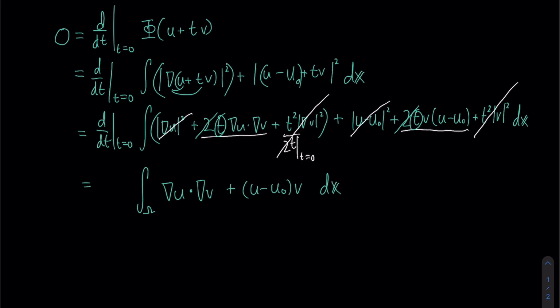All right. And what I want to do now is I want to combine these two, right? So how do I do that? Well, I can use Green's theorem, right? Integration by parts.